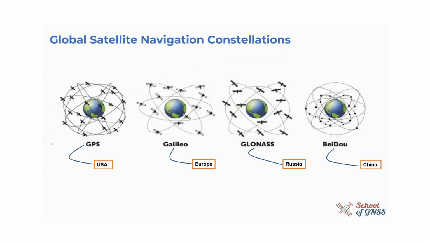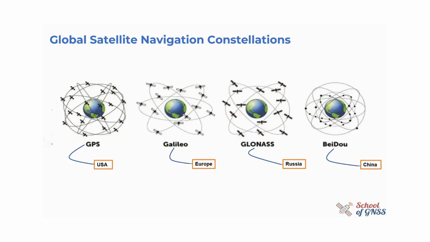Okay, so global satellite navigation constellations. There are four constellations that are known as global satellite navigation constellations. These satellites basically cover the whole Earth. GPS is from the United States of America, Galileo from Europe, GLONASS from Russia, and Beidou from China.